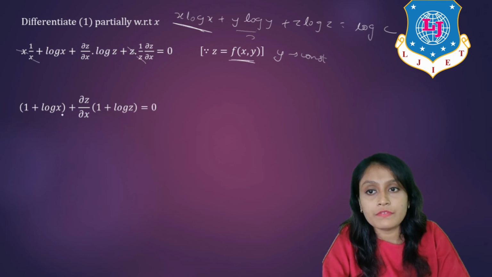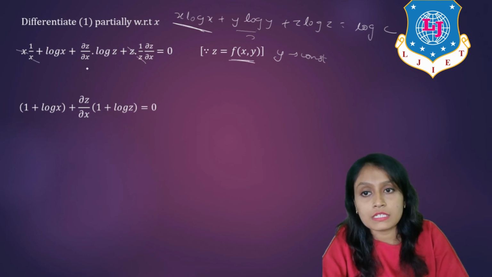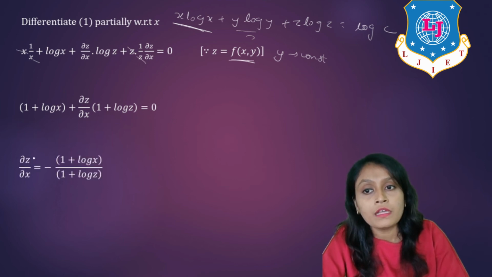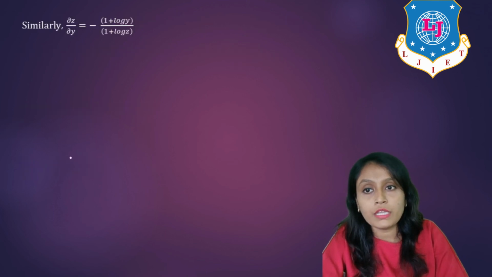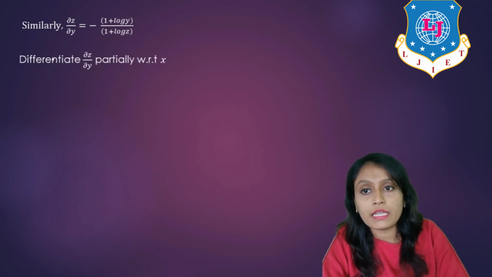On simplification we will get 1 plus log x plus take this del z by del x common. So here we have 1 plus log z is equal to 0. Next, make this del z by del x as a subject. So you will get minus 1 plus log x upon 1 plus log z. Okay, next, similarly we can find del z by del y as minus 1 plus log y upon 1 plus log z.